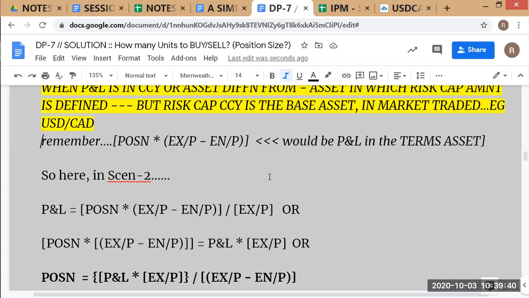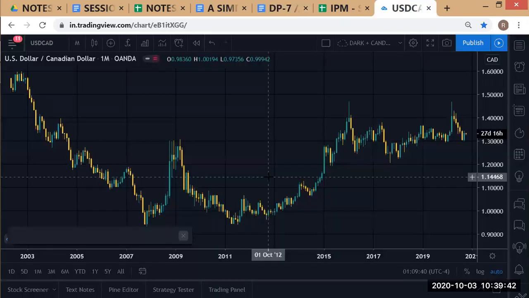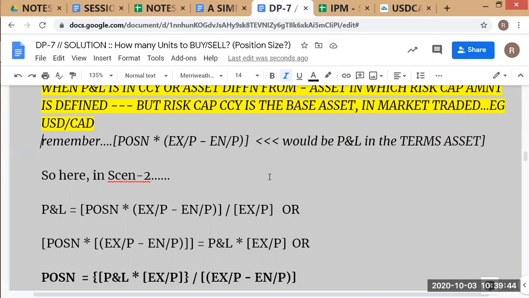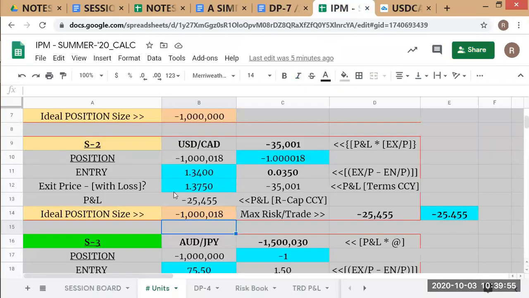So the answer to your question, Utsav, is that this difference, the loss, is factored into the first expression, because the first expression is exit minus entry. If you increase the difference, the PNL actually will increase; the loss will increase.